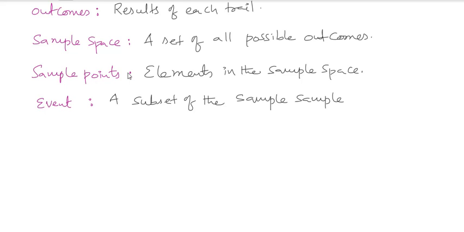If I take the probability of getting head as 1/2 and the probability of getting tail as 1/2, the total probability is 1. So individual probabilities are nothing but events. Overall, head and tail both together is nothing but the sample space. That is the reason why an event is a subset of the sample space.